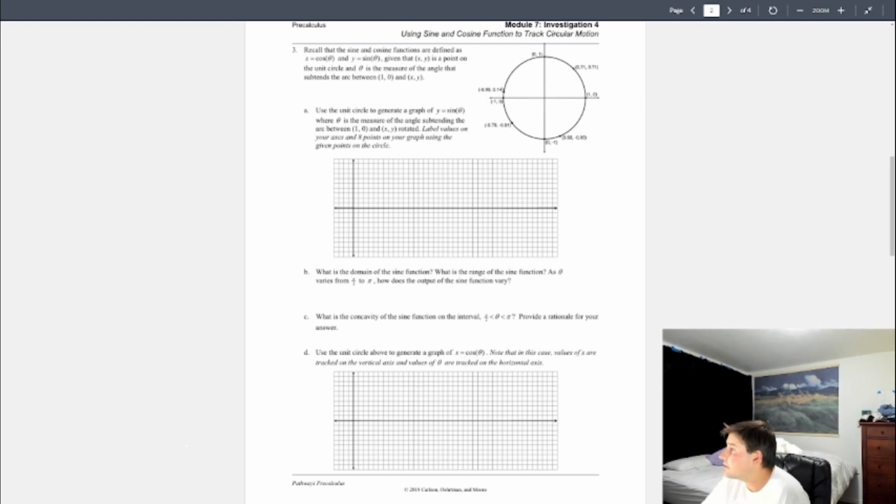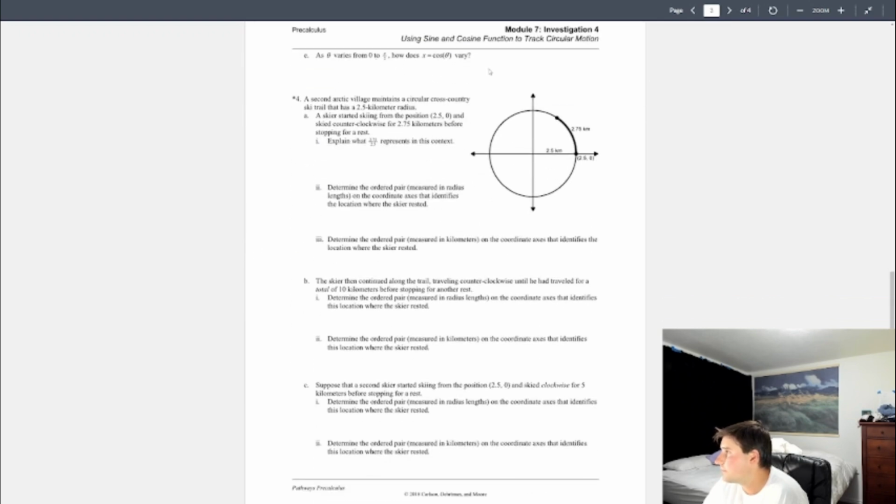The second Arctic village maintained a circular cross-country ski trail. There's a 2.5. A ski instructor traveled from the position for 2.75 miles before resting. So that's arc. Arc length divided by radius is, well, arc length equals radius times theta. So divide by radius, arc length divided by radius is just theta.